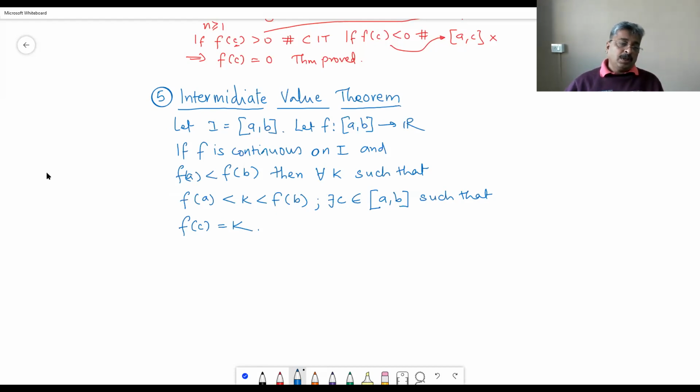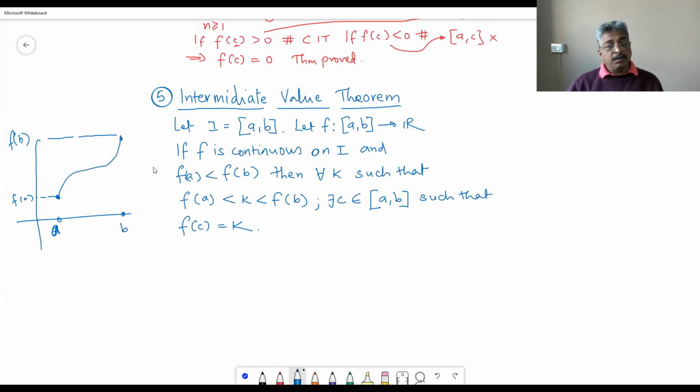So the geometry of this is, suppose a value of the function f(a), b value of the function f(b), and f(a) is less than f(b) as shown in the diagram, and the function is something like this.